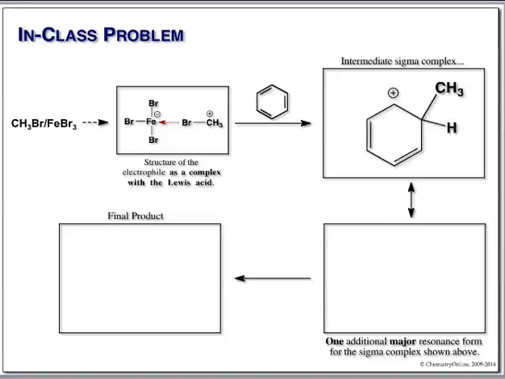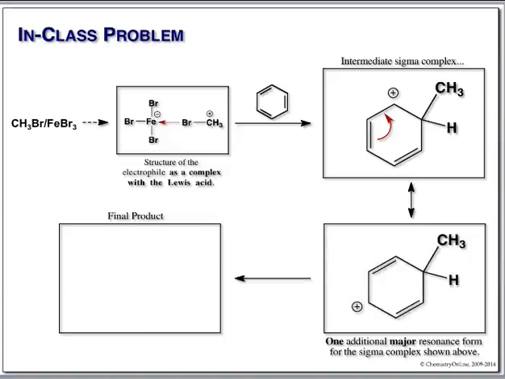Now we know that we can resonance stabilize this. We resonance stabilize it, putting the positive charge down here and over here. You're simply asked to draw one additional major resonance form. All you had to do is to move this pair of electrons up and draw the other resonance form.